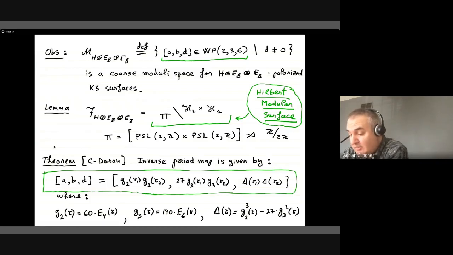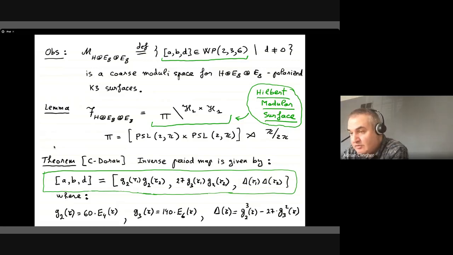And it turns out that this two-dimensional space is a coarse moduli space for K3 surfaces polarized by H plus E8 plus E8. If I want to look at periods, the situation here is quite simple from the point of view of periods because the polarization is rank 18. So the moduli space of periods is going to be two-dimensional.